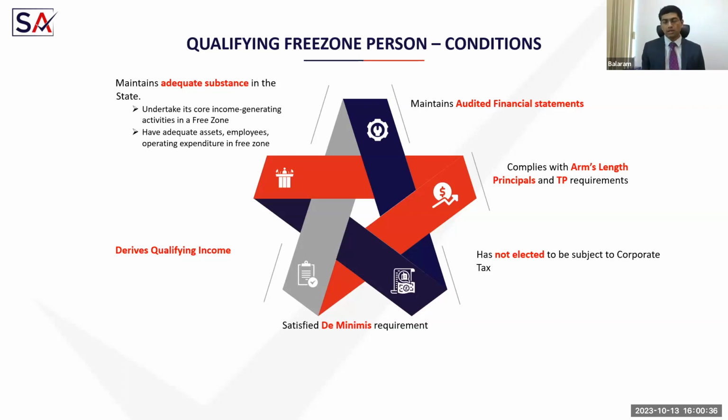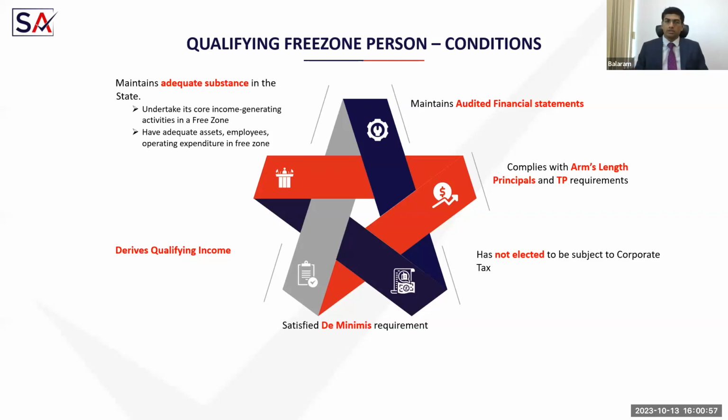Next point is to comply with arm's length principles and transparency requirements. In the previous slides we discussed the arm's length principle concept. So if you have any transactions with your connected persons or related parties, you need to make sure that those are dealt with at arm's length. You are taking care of the benchmarking requirement and complying with the transparency requirements.